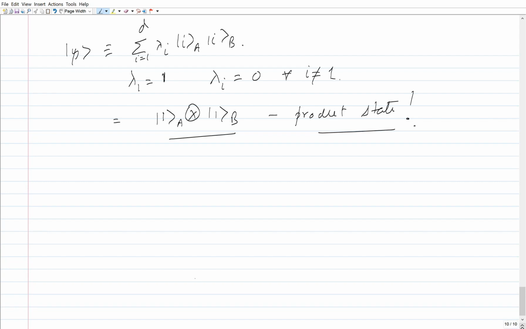So a state is a product state, or is not an entangled state, when the Schmidt coefficients, the lambda i's, have only one non-zero Schmidt coefficient.